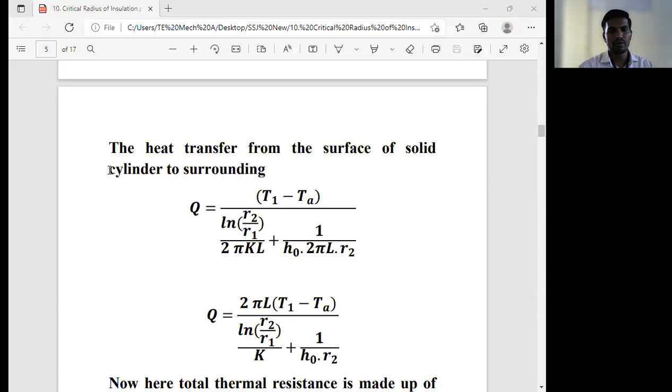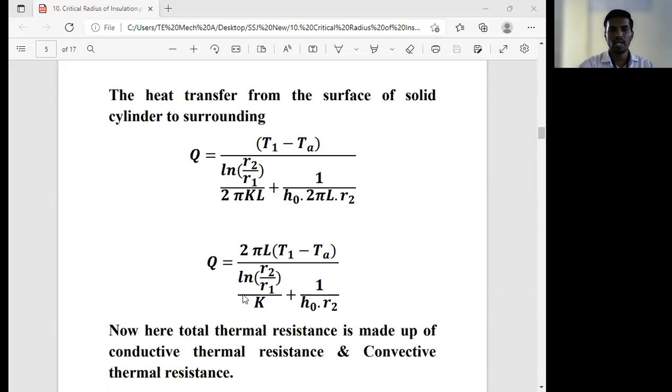Did everyone understand how the equation came? Do all of you get this point? Okay, so what is our equation? Q is equal to 2 pi L T1 minus TA divided by ln of R2 by R1 by K plus 1/HO into R2.